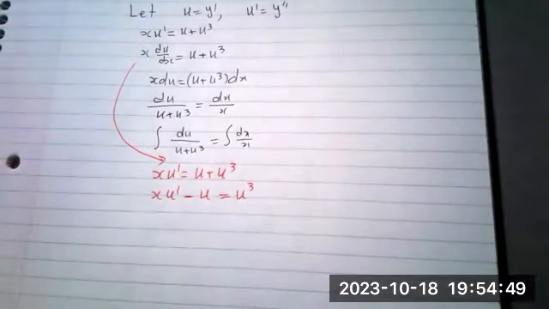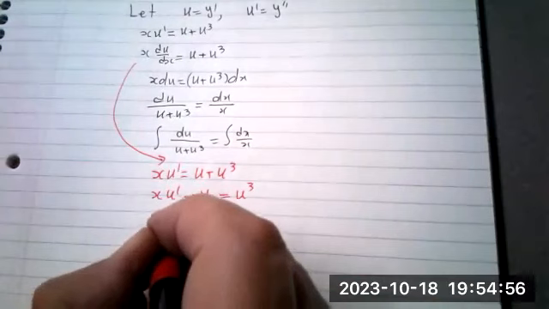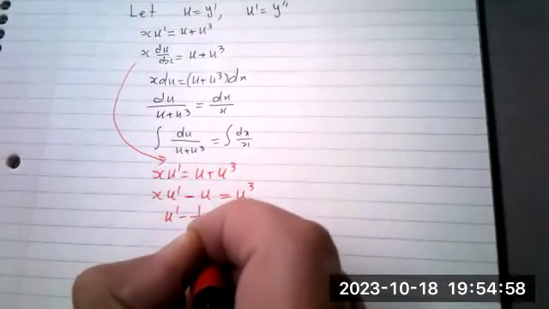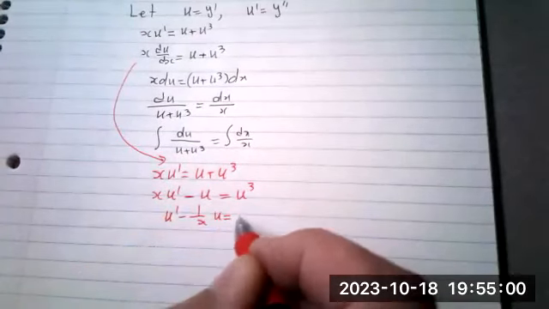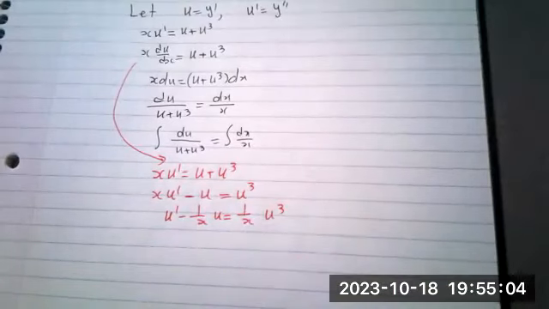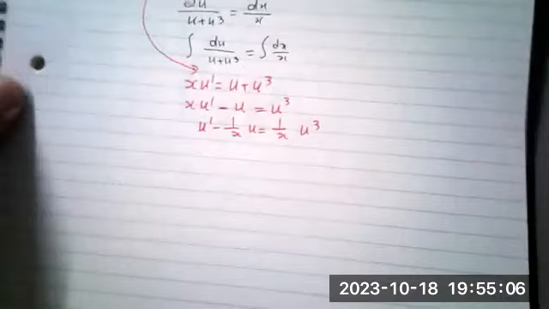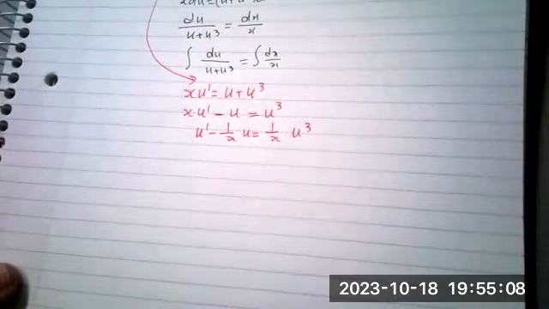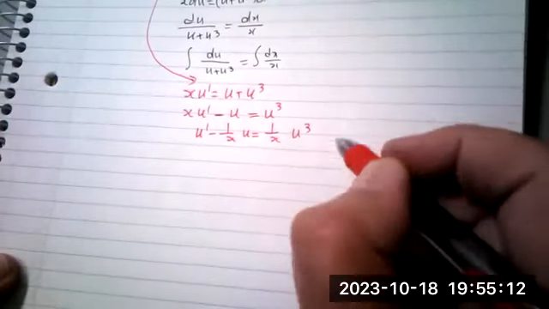Remember, for the linear equation, you need the y prime and the y. So divided by x: u prime minus 1 over x u equals 1 over x u cubed. That's a Bernoulli equation now. It's a Bernoulli equation in terms of u and x.